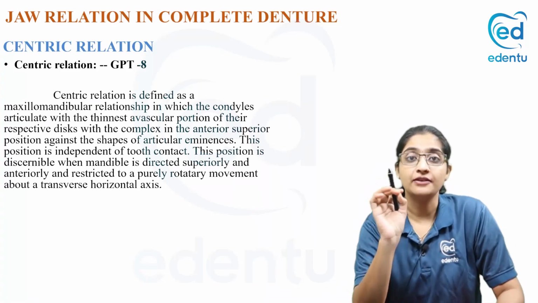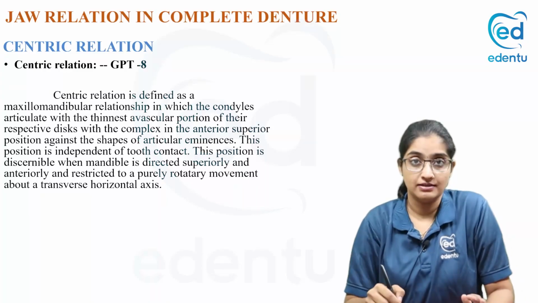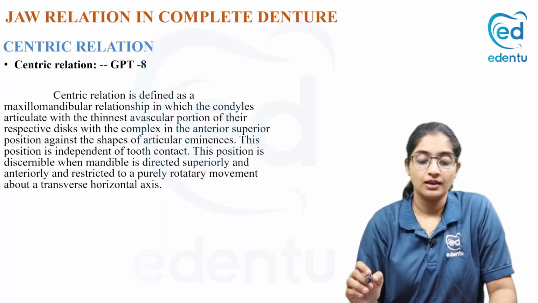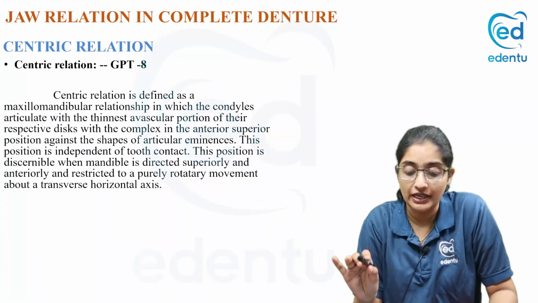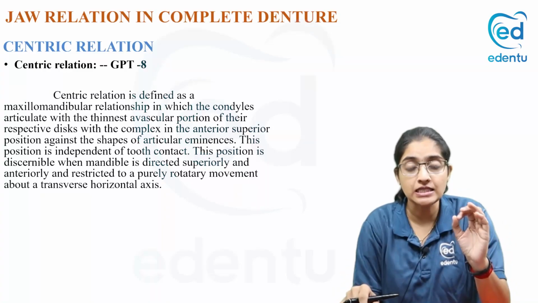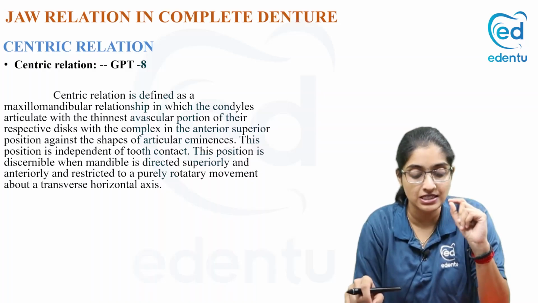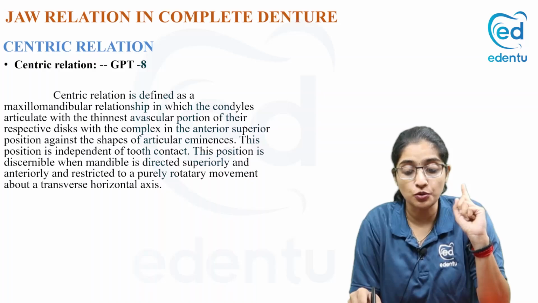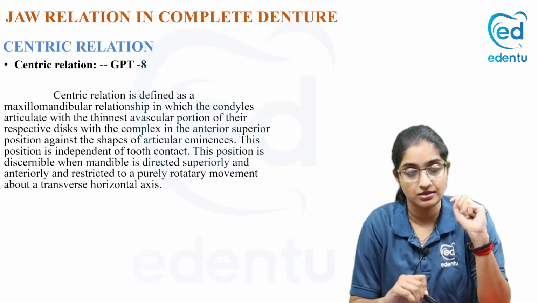What is centric relation? Please make sure to thoroughly study this definition. It's very, very important. A very common viva question also. Centric relation is defined as the maxillomandibular relationship in which the condyles articulate with the thinnest avascular portion of their respective discs with the complex in the anterosuperior position against the shape of the articular eminence.